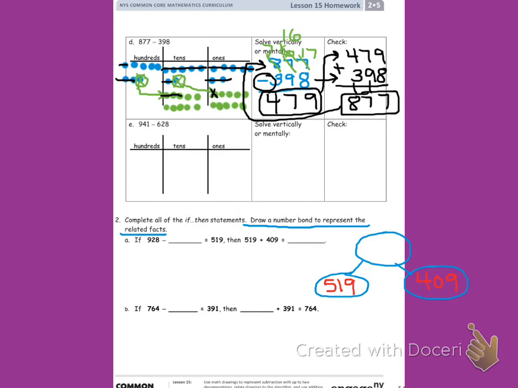When I add those two parts together, I get my whole. Well, I also know that when I subtract, I begin with the whole. So if I look at the first part of the if-then statement, I can see that I'm beginning with the number 928. So that has to go here.